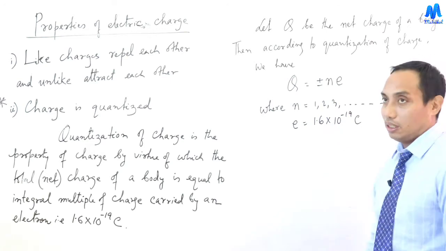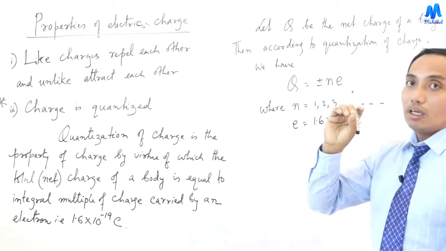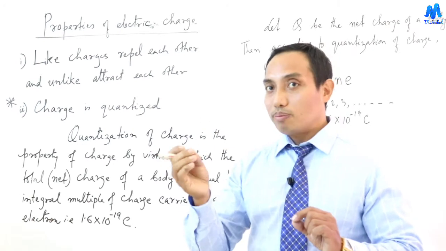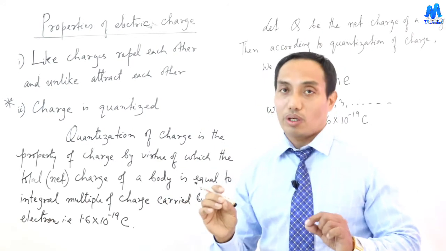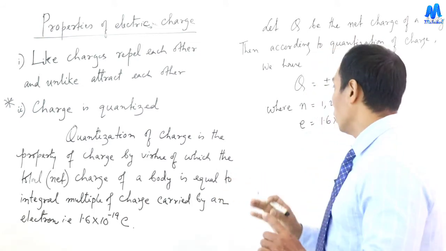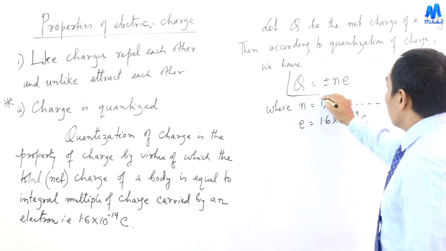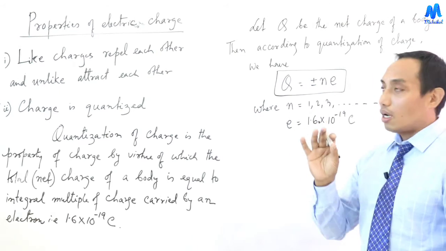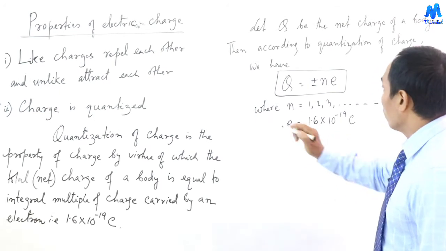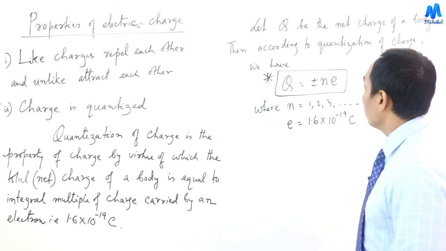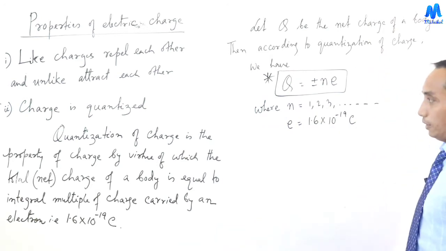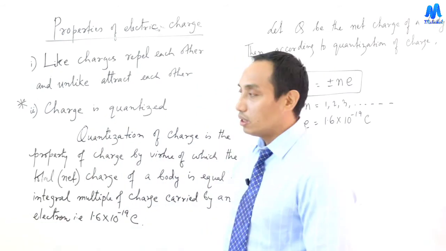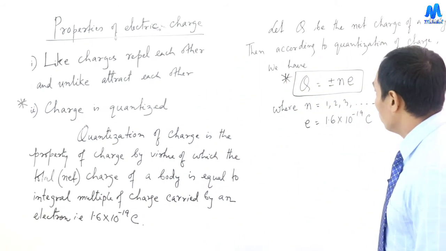This formula is very important and is used in exam calculations. So Q equals plus minus NE. So charge is quantized, property number 2.